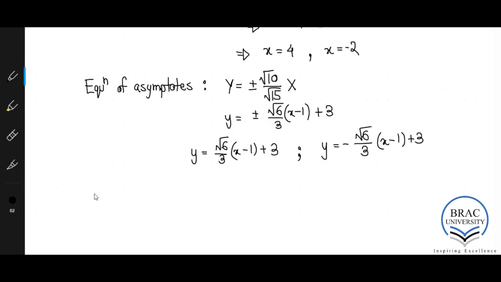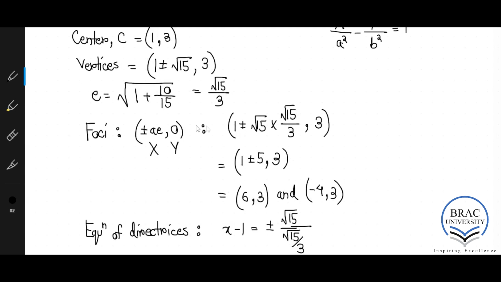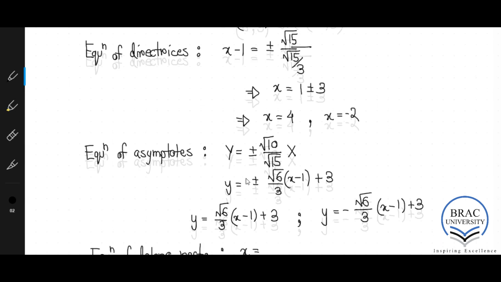All right, finally we can look at the equation and length of the latera recta. The latus rectum passes through the foci, right? So we have 6 and negative 4 here.